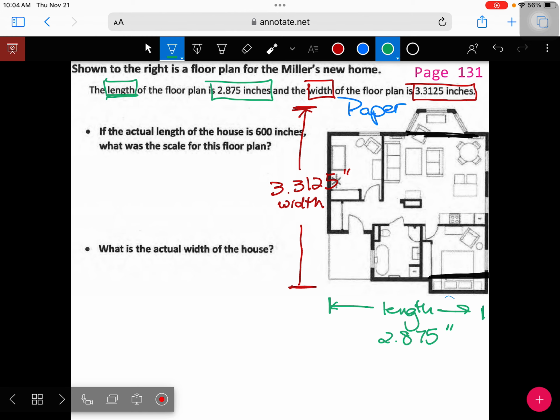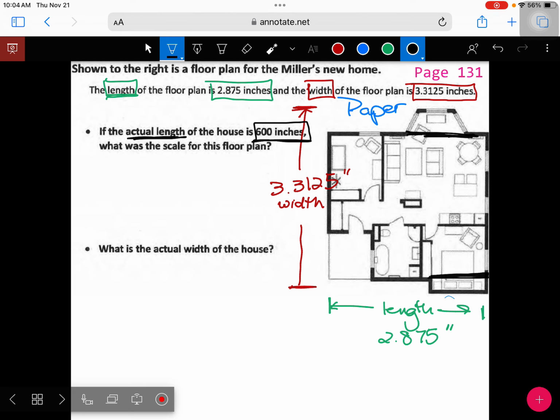If the actual length of the house is 600 inches, what is the scale for this floor plan?